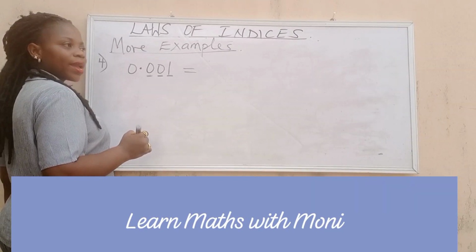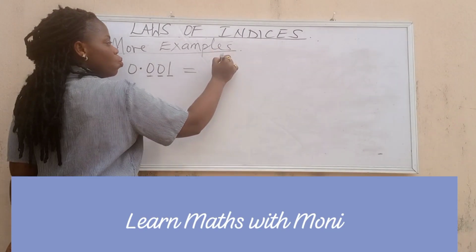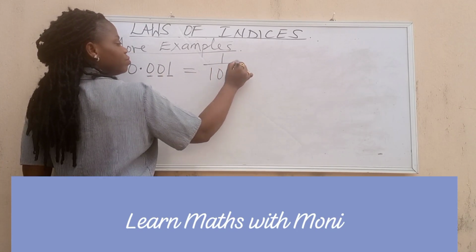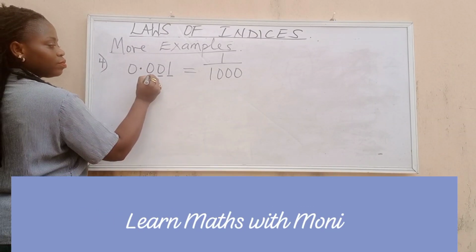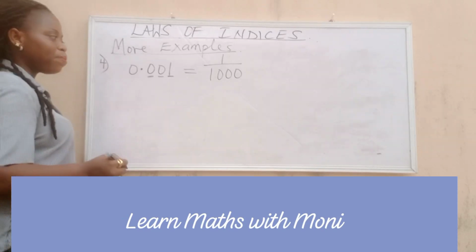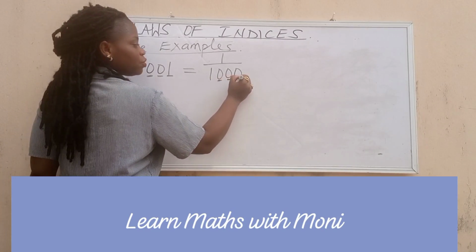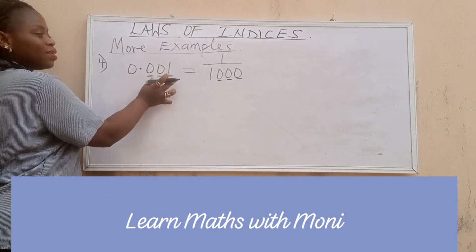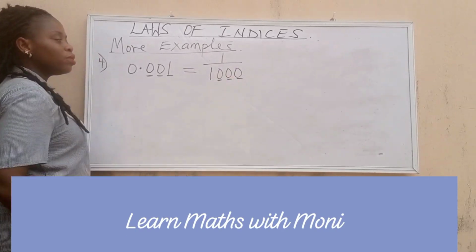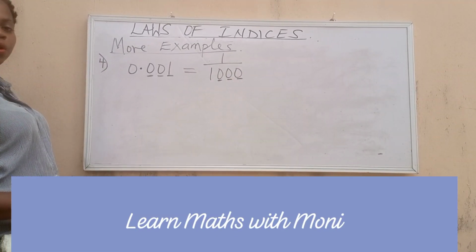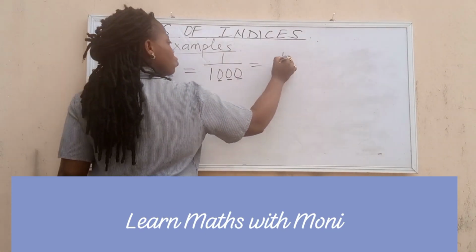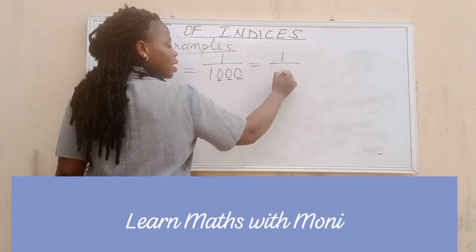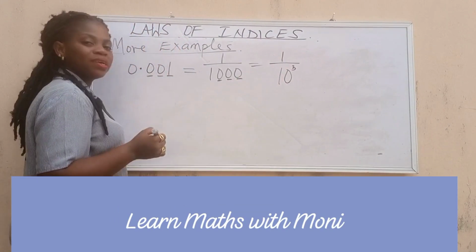In this case, I can say what I have is 1 over 1,000. The number of decimal places must correspond with the number of zeros you have here. So having 3 decimal places makes it over 1,000. So 1 over 1,000, which is the same thing as 1 over 10 raised to power 3, since 1,000 is 10 multiplying itself in 3 places.